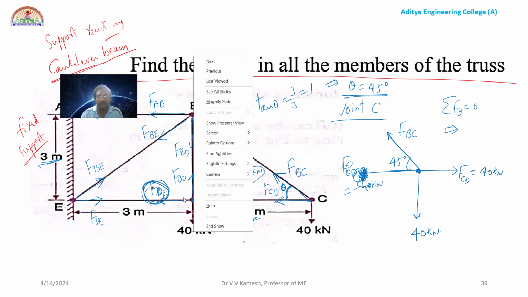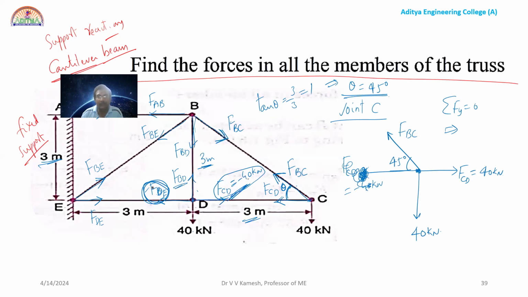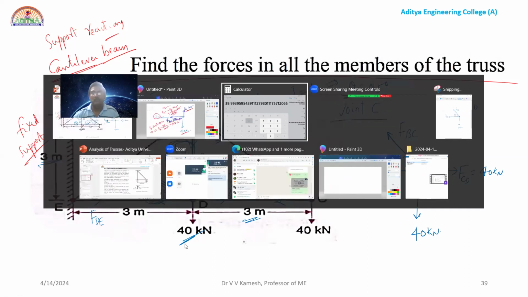These two are collinear and opposite to each other. So FBD is equal to 40 kilonewton, right? Now I know about FBD. I know about FBC. Now go to the joint B. Go to joint B, right? So we will take the joint B separately.